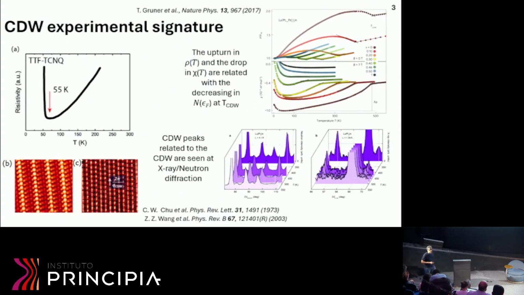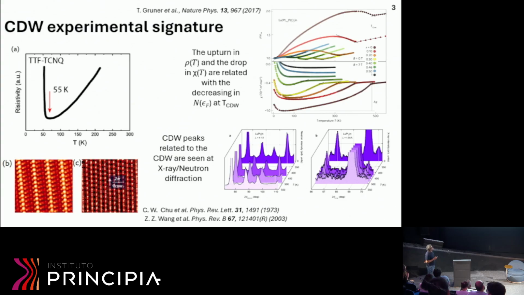So from an experimental point of view, what is the signature of this charge density wave? For 2D materials, one can see an upturn in electroresistivity, which is the partial opening of the charge density wave gap at the Fermi surface.